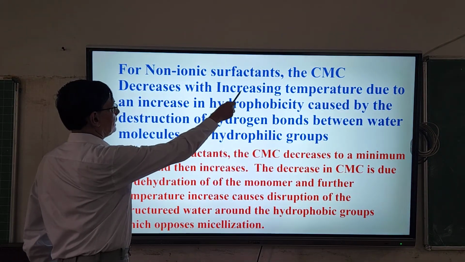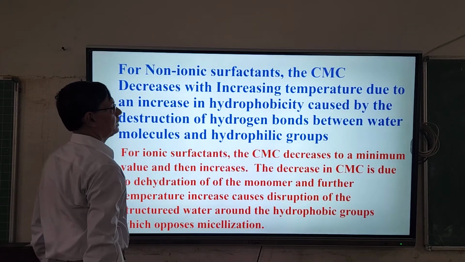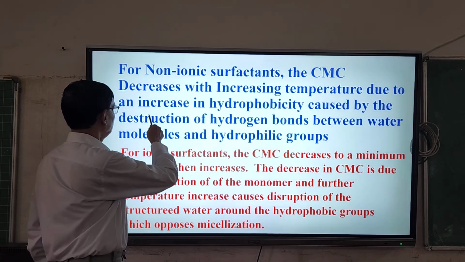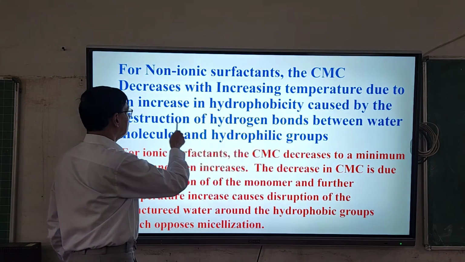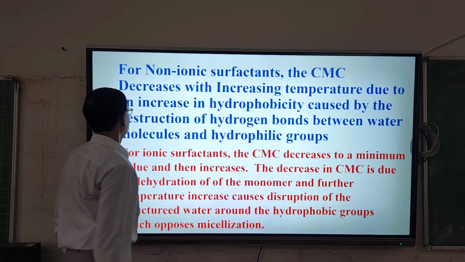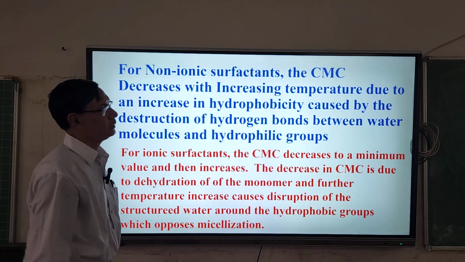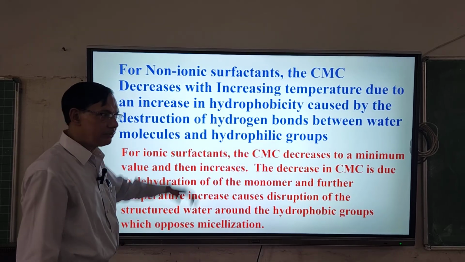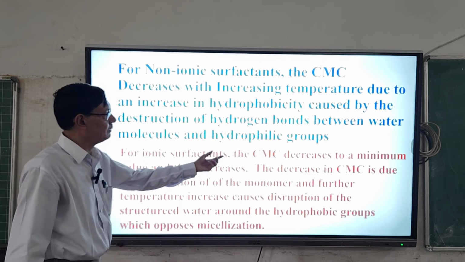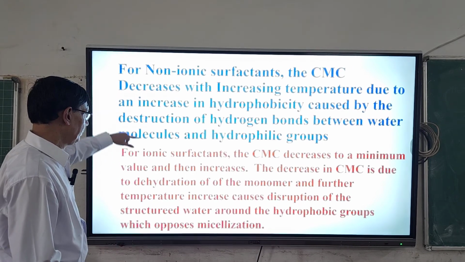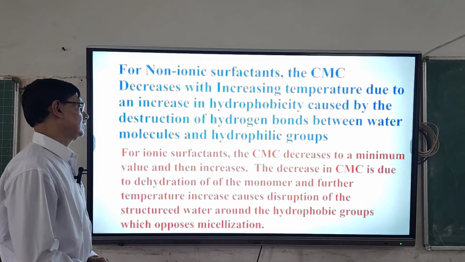For non-ionic surfactant, the CMC decreases with increasing temperature due to the increase in hydrophobicity caused by the destructuring of hydrogen bonds between water molecules and this group. So therefore it decreases. But for ionic surfactant, the CMC decreases to a minimum value and then increases.